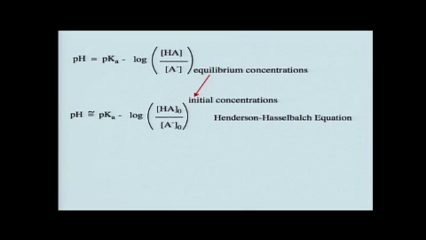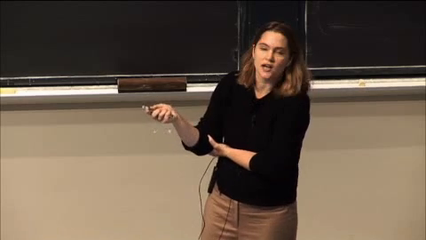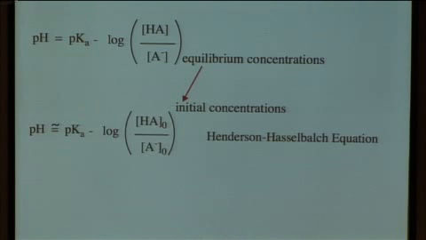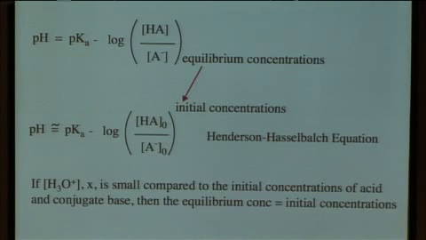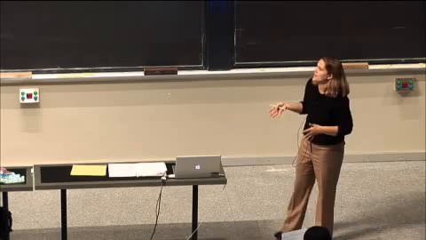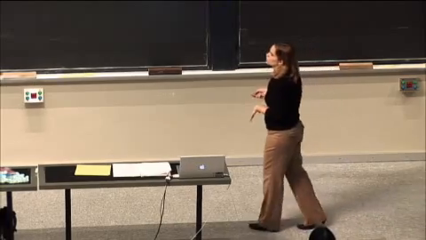All right, so remember that it's really equal when they're at equilibrium concentrations, and this is just an approximation where we're saying that those are initial concentrations. So when is it OK to say the equilibrium concentration is more or less the same as the initial concentration?